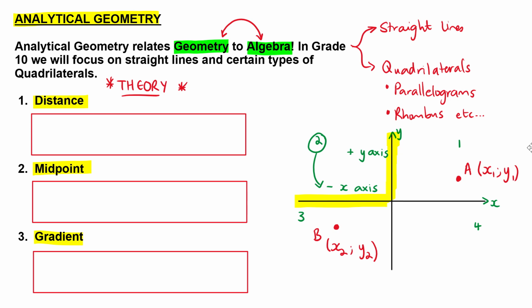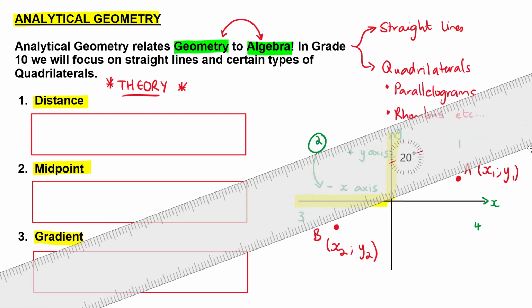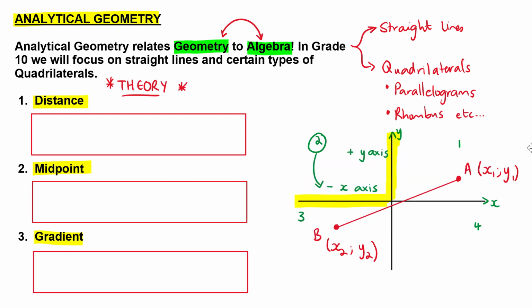And in this Cartesian plane, what we're going to do is join up the points A and B. So let's join them up together. And now we can look at the properties between those 2 points. The first one that we look at is the distance between point A and point B. So you can think of it as distance, or as most questions will ask it, as length.